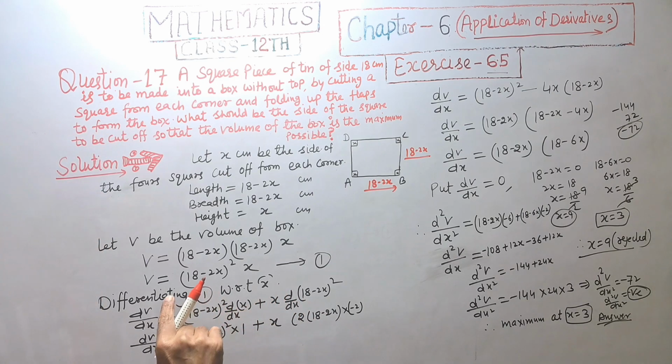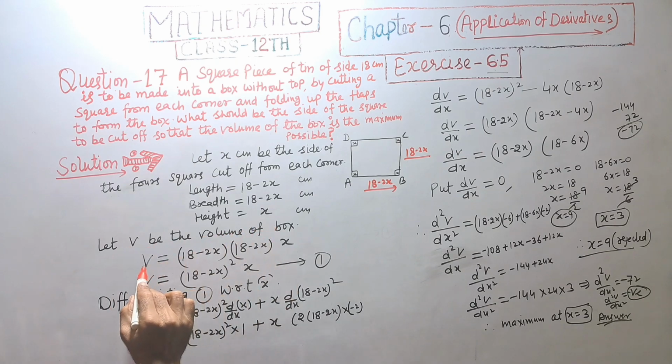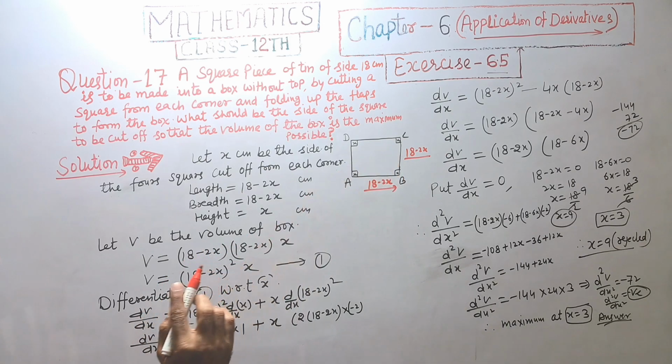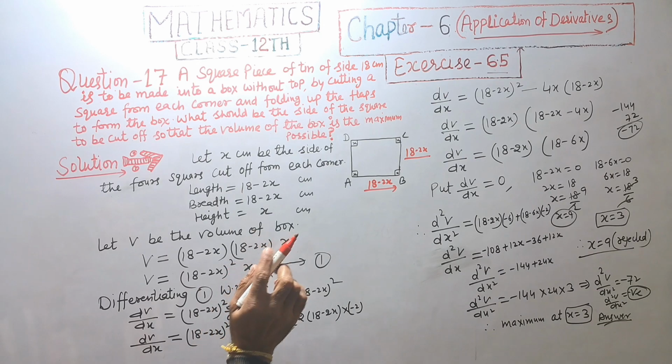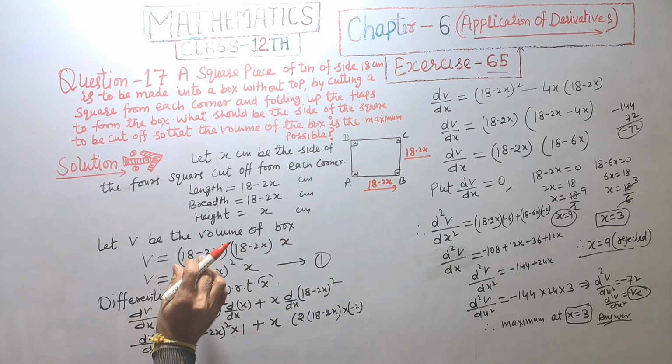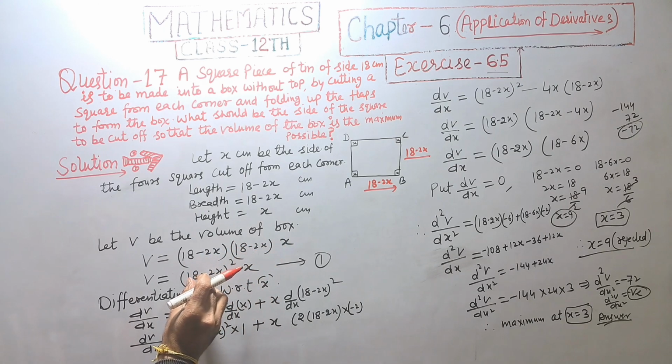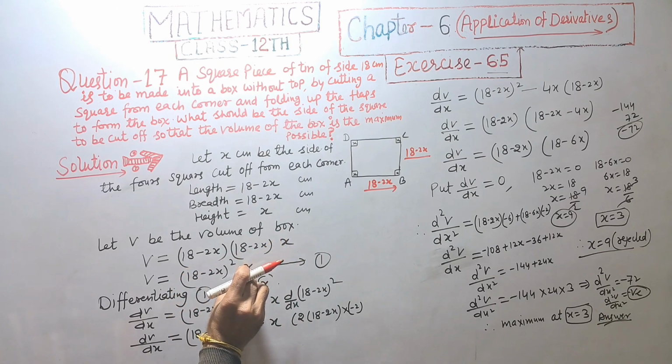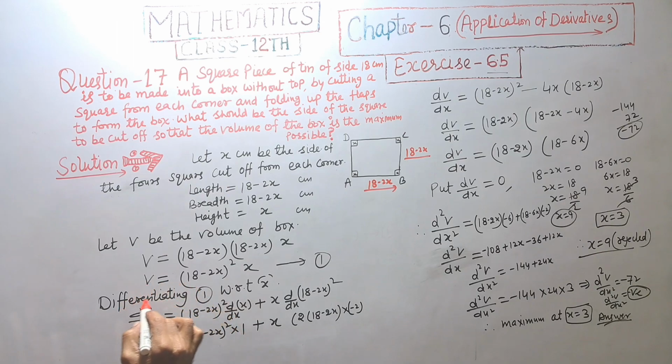So let V be the volume of the box, V is equal to L into B into H, which is (18 minus 2x) squared into x. Differentiating with respect to x: dV upon dx is equal to first function as it is, derivative of second, plus second function as it is, derivative of first.